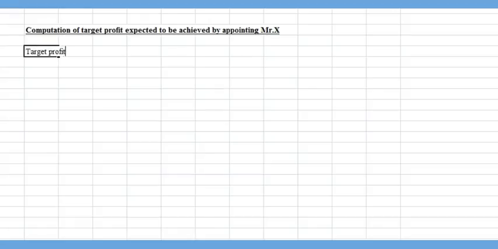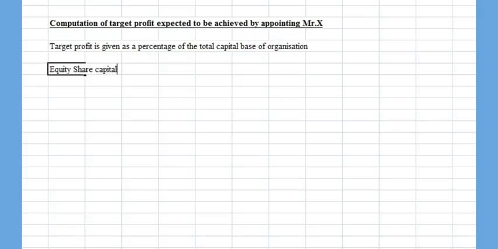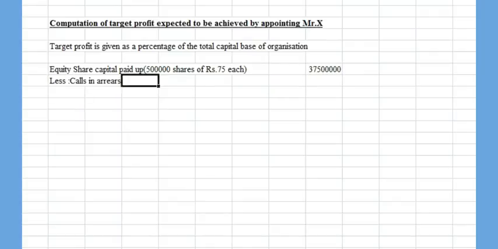Target profit is given as a percentage of total capital base, which includes all types of equity, preference, debentures and loans. Let us calculate the total capital base. Equity share capital paid up 5 lakh shares of rupees 75 each is rupees 3 crore 75 lakh, less calls in arrears 1 lakh.